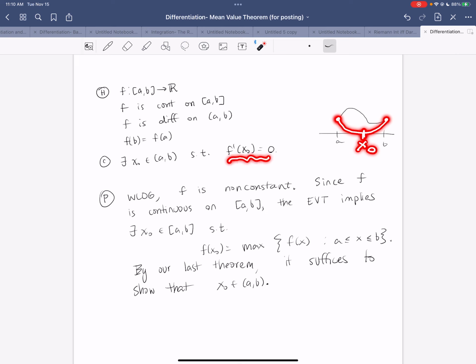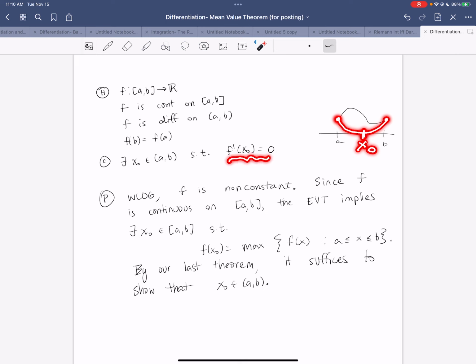So let's go back and adjust our proof and say, the EVT implies there exists an x naught and a t naught, such that f of x naught is the max and f of t naught is the min. Okay, and then by our theorem, it suffices to show that x naught is in here or t naught is in here.